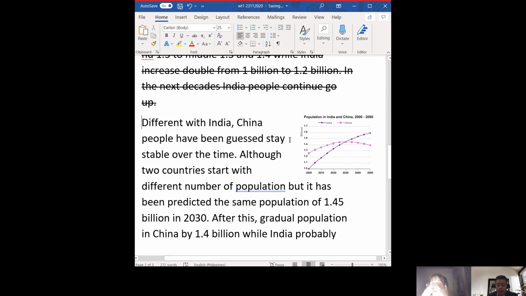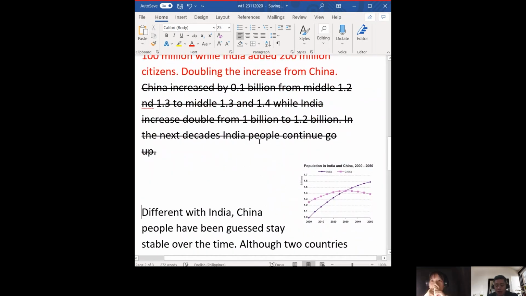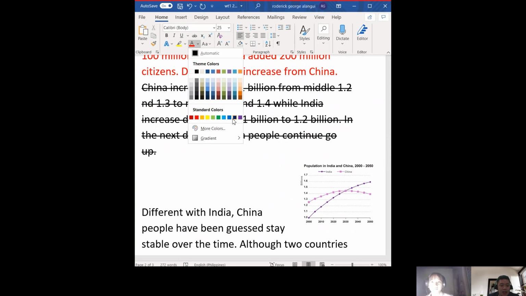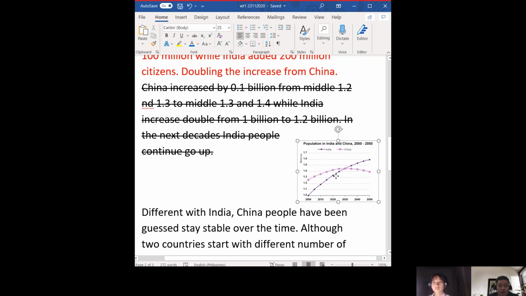Start first with this so that we can understand both. If you try to look at that, this is your line graph. Remember?